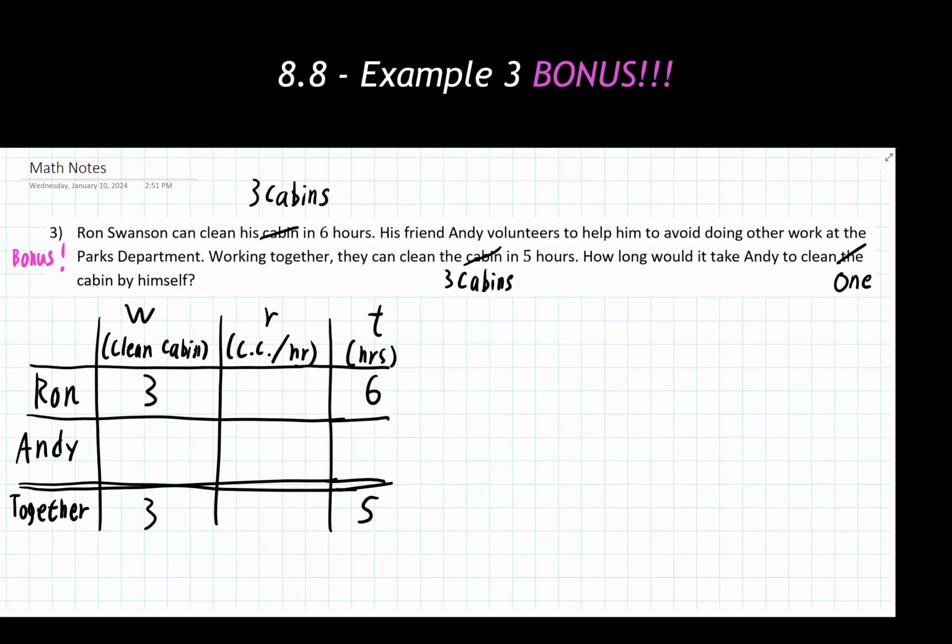If we want to stay consistent with the information given to us in the problem, we could write in 3. For what the problem is asking us, we're only going to be working with 1. So I'm going to list in he cleans one cabin at a rate of R hours.